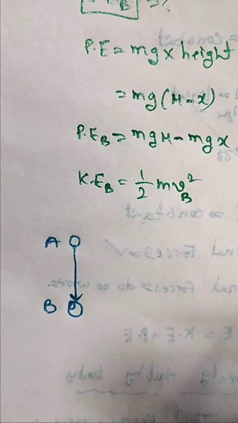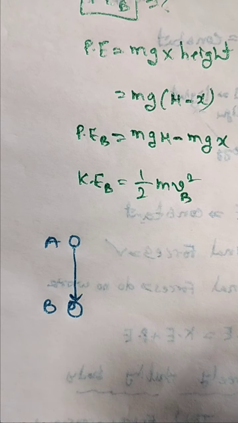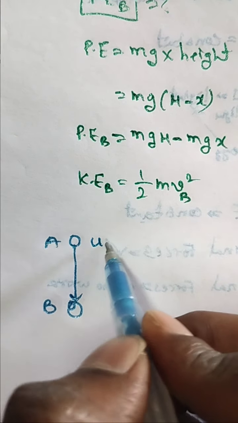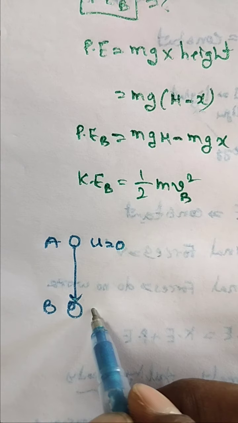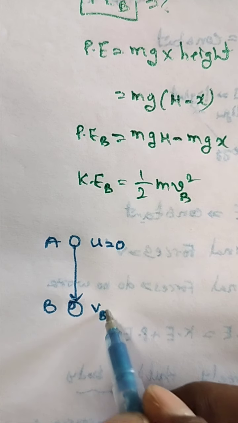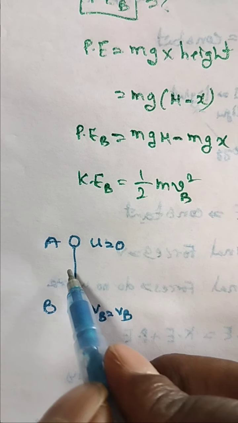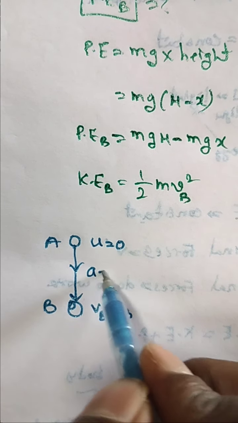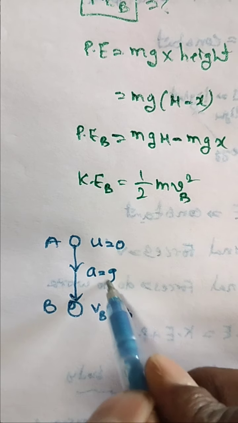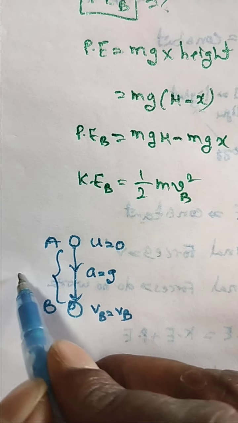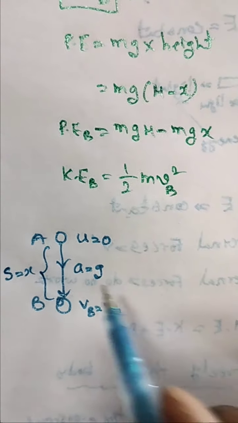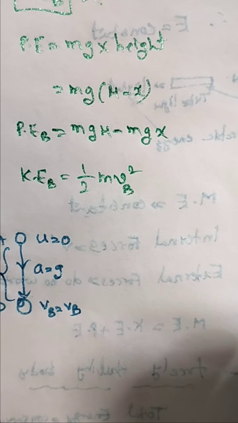The initial velocity u is equal to 0, the final velocity is vb, the acceleration downward is a equal to g, and the distance traveled is s equal to x. First we calculate v.